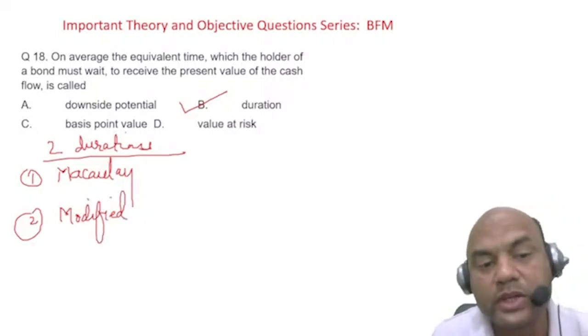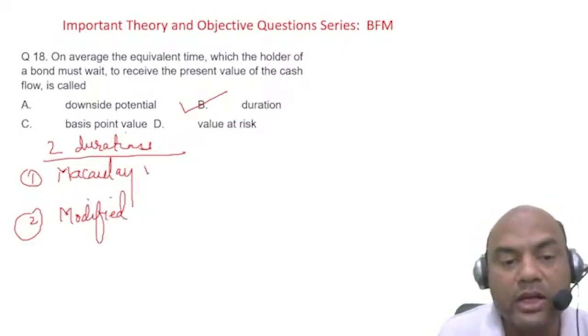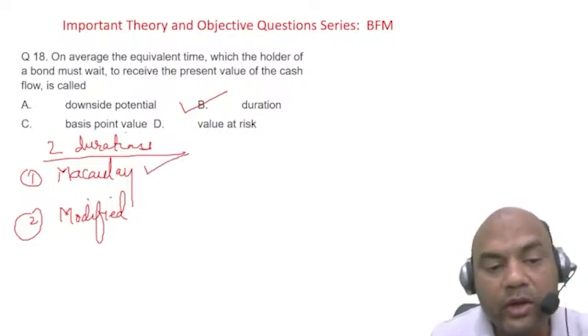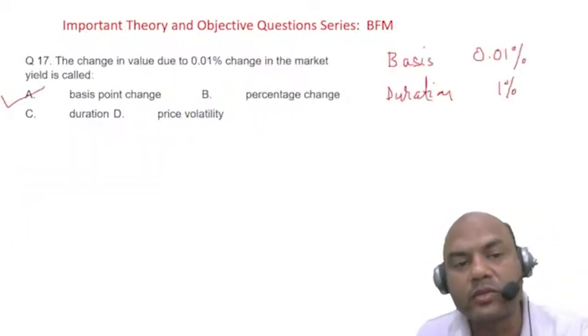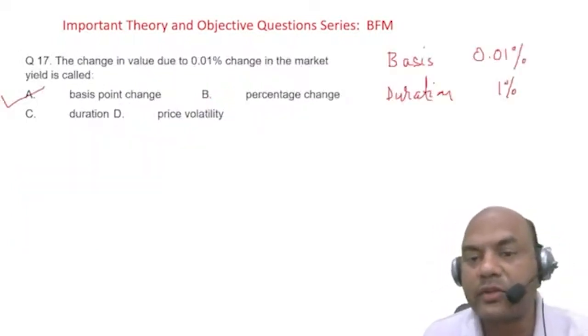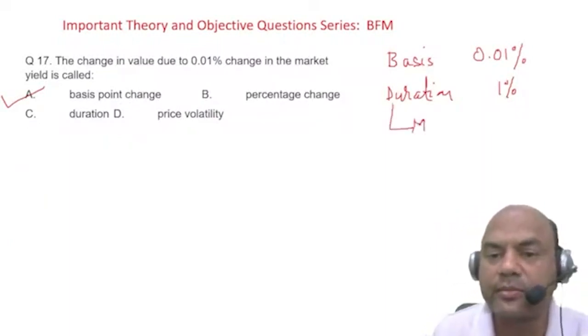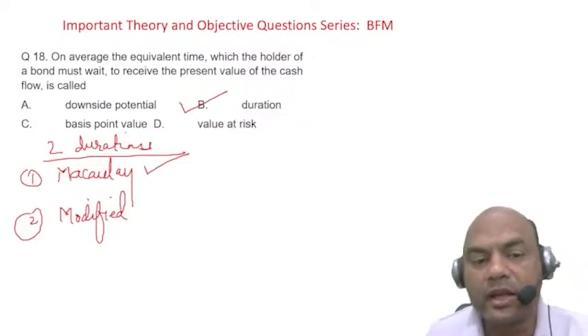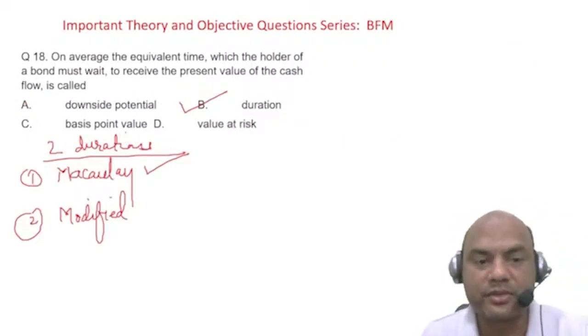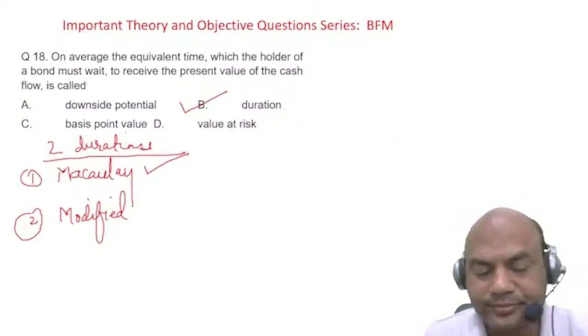So these are the two durations. Here we are talking of Macaulay duration. Modified duration we have talked about in the earlier question. Here I gave you this duration of 1%. This is modified duration. And here we are talking of Macaulay duration. Got it?